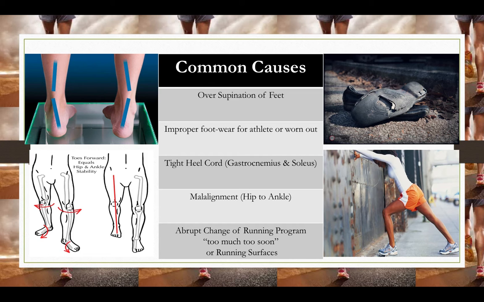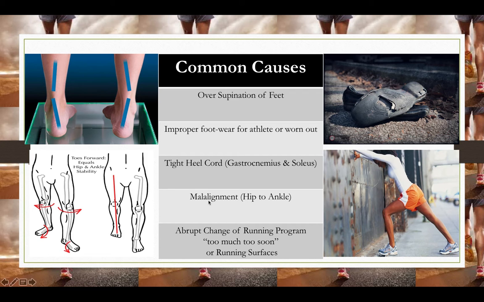And a tight heel cord, which is the Achilles tendon, and the muscles that attach, which are the gastrocnemius and the soleus. Those muscles tend to be really tight among running athletes and can cause the shin splints to worsen.